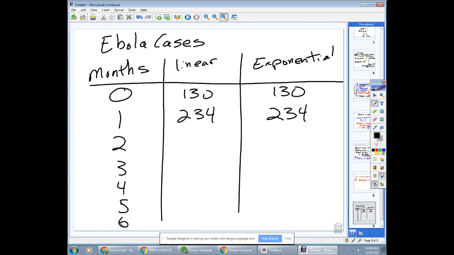It doesn't ask you to make a table, but I'm going to make a table just for fun. And I'm going to grab the calculator.